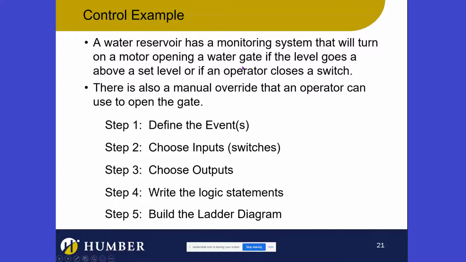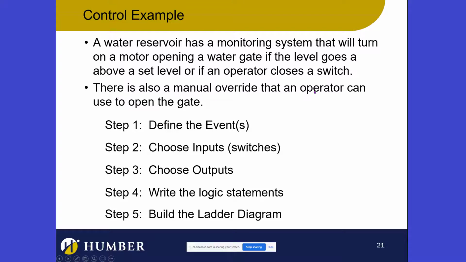So I can make a statement. If the operator closes a switch, the motor will come on. If the water goes above a certain spot, then the motor will come on. So I'm going to put those together in an or because I know an or is here. So if water or switch, then motor. Cool. There you go.